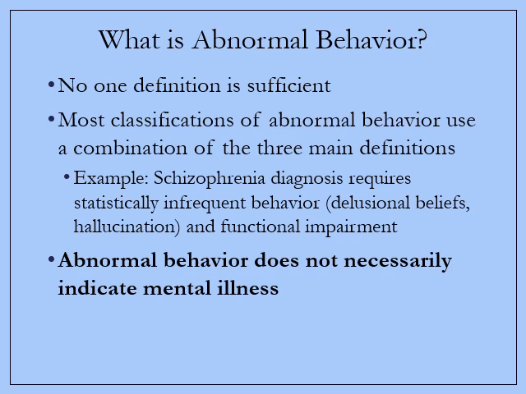And so most classifications of abnormal behavior use a combination of two or more of these definitions. So for example, a schizophrenia diagnosis requires statistically infrequent behavior, so delusional beliefs, hallucinations, disorganized thought patterns, as well as functional impairment. If somebody with schizophrenia does not have functional impairment, they do not meet criteria for a diagnosis of schizophrenia.